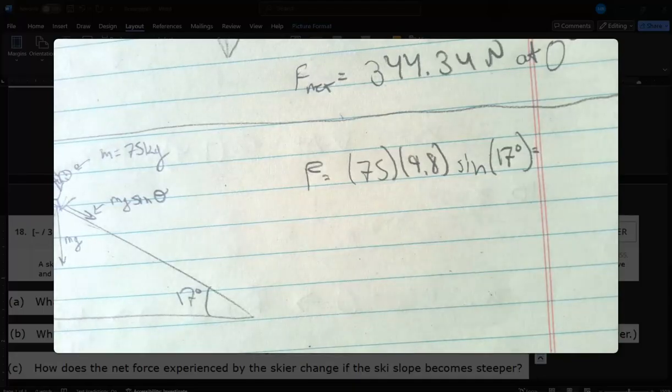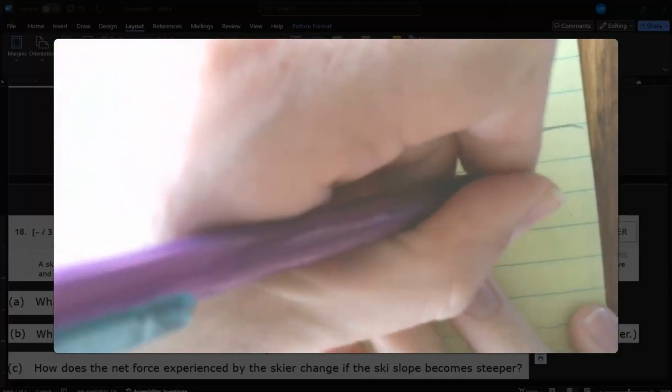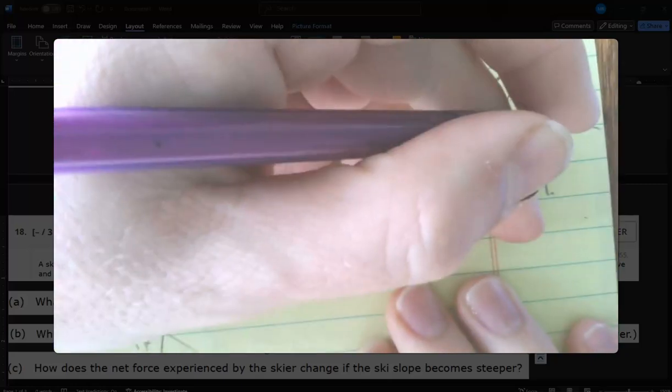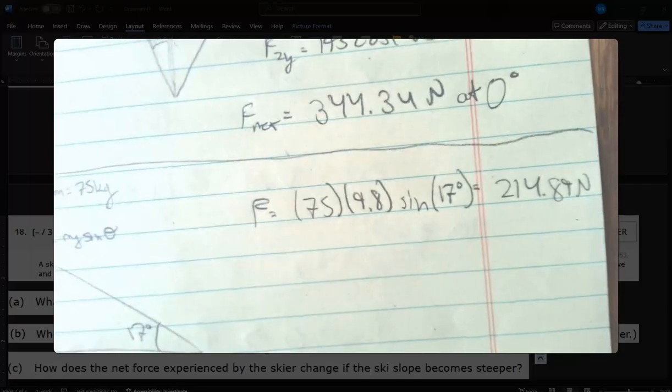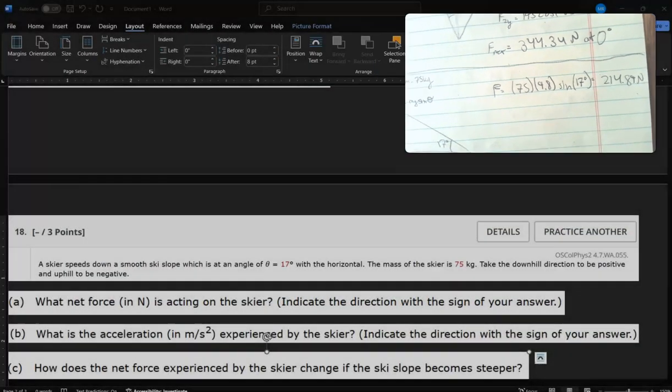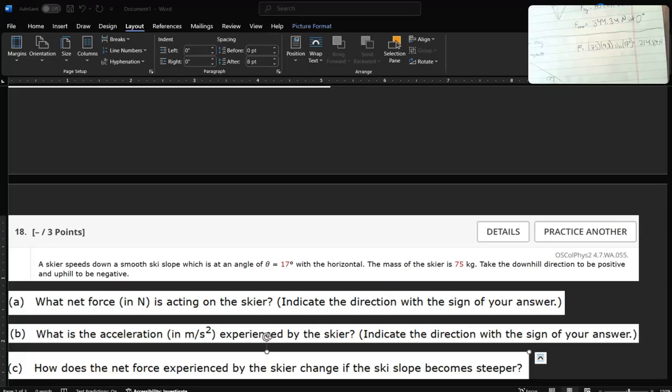The magnitude is going to be 214.89, it looks like, newtons. And you're going downhill, so the direction is going to be positive here. It's a little different from what we're used to, where down is generally negative. But in this case, it says take the downhill direction to be positive, so your force is going to be positive there.